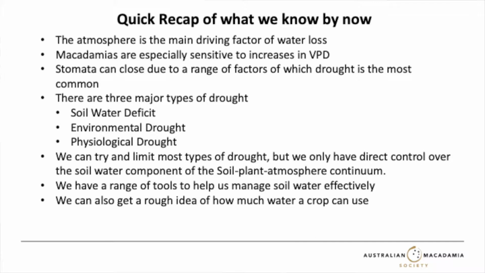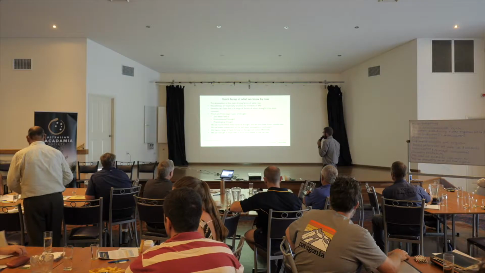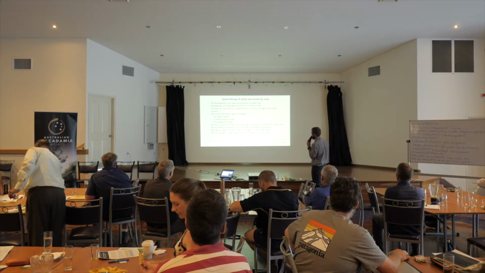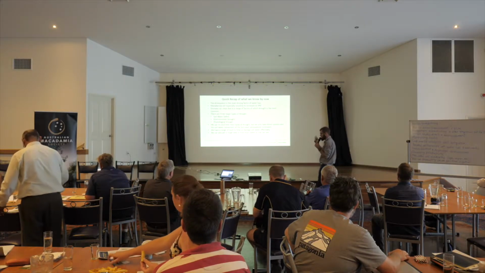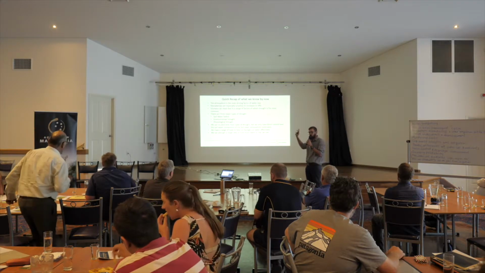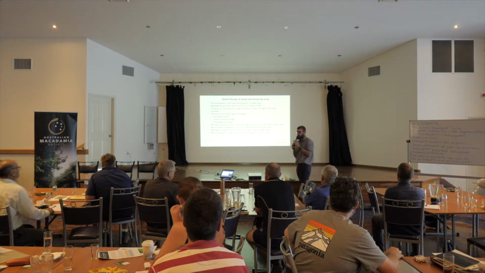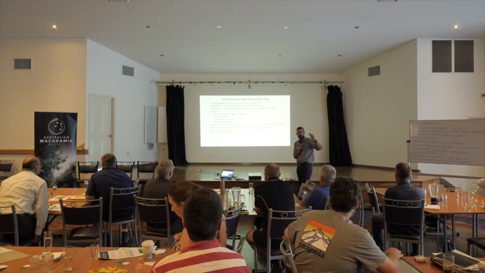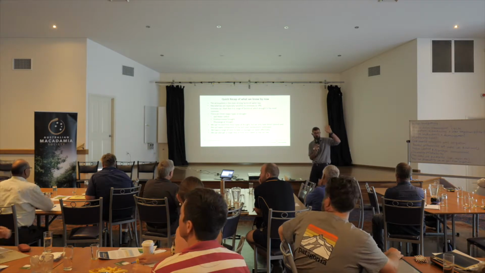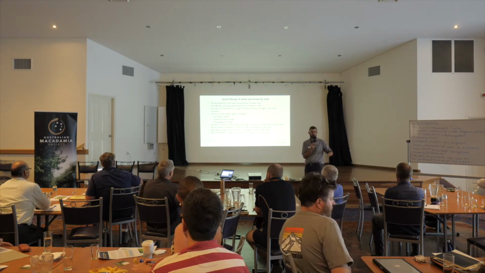We also know that macadamias are especially sensitive to increases in vapor pressure deficit, so they don't like dry environments, basically. And we also know that stomata can close due to a range of factors, of which drought is only one. And we know there are different types of drought: there's saltwater drought, atmospheric moisture drought or atmospheric drought, and then there's physiological drought.